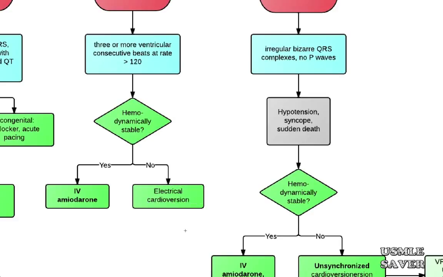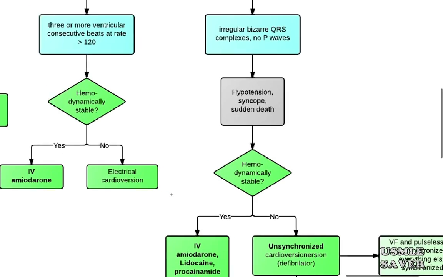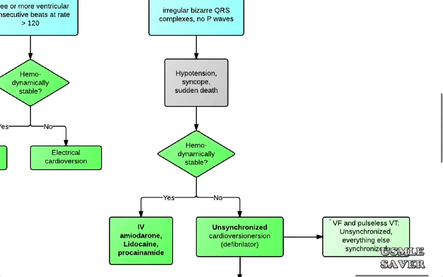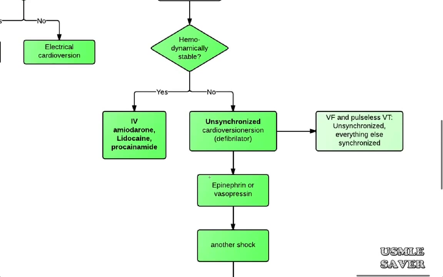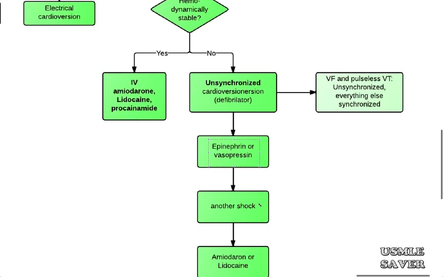As I said before, you can use unsynchronized cardioversion for pulseless VTAC and VFib. Here, for management, I put the question if the patient is hemodynamically stable or not. Most of these patients will not be stable, so you want to shock the patient with unsynchronized cardioversion and then give epinephrine or vasopressin and then another shock or more drugs.